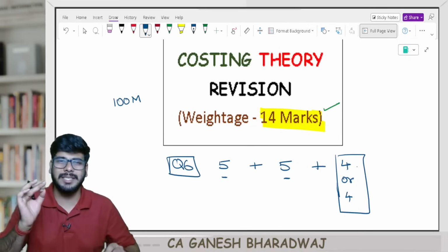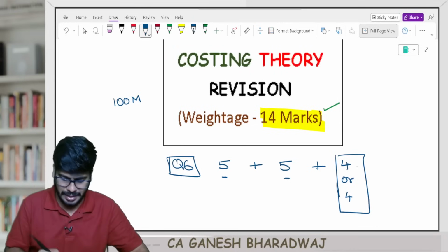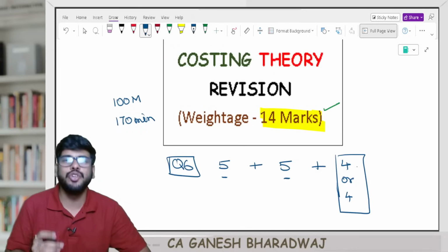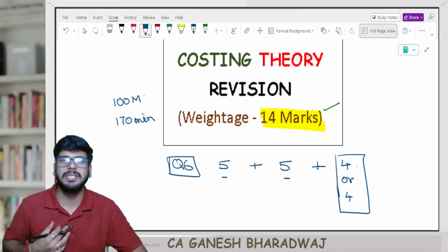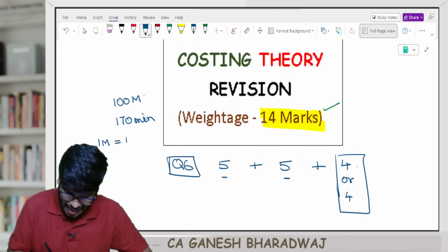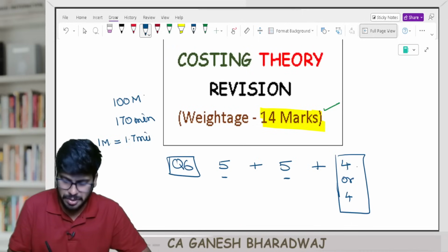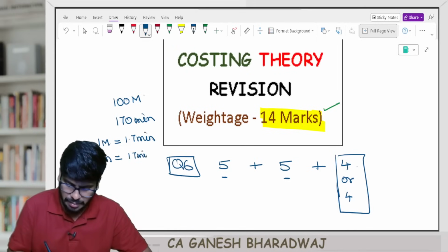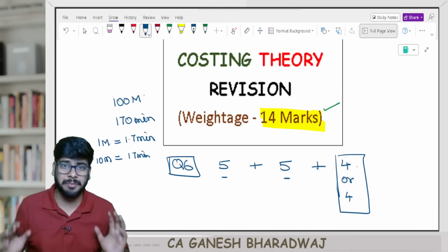So 170 minutes effectively, let us keep. In that, you need to attempt 100 marks, which means for every 1 mark, you have on average 1.7 minutes. Or in other words, for a 10-mark question at max, you can spend only 17 minutes. This is the maximum time you have.